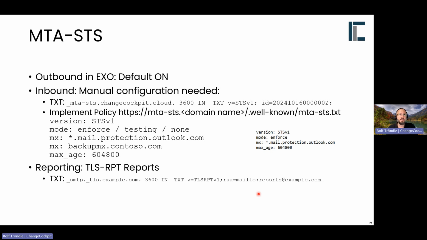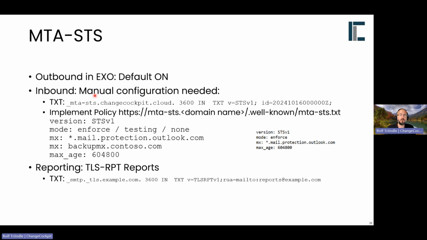Okay. Outbound in Exchange Online, MTA STS is default on, as with DANE for SMTP, nothing to do. For inbound configuration, meaning if you want to receive emails protected with MTA STS for your domain in Exchange Online, there is manual configuration.